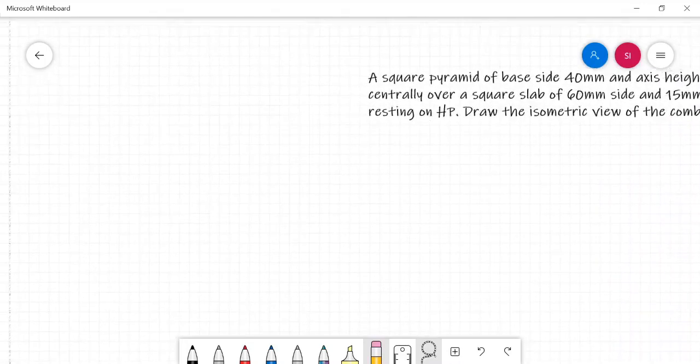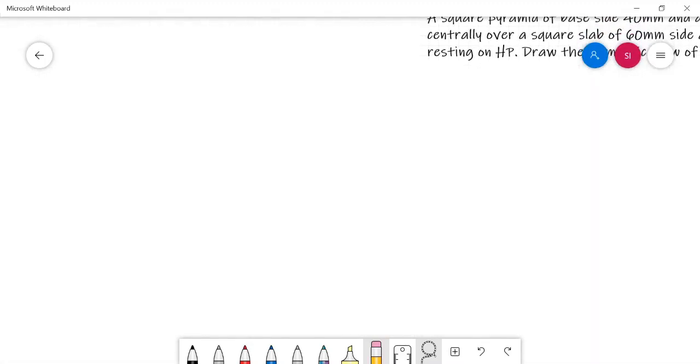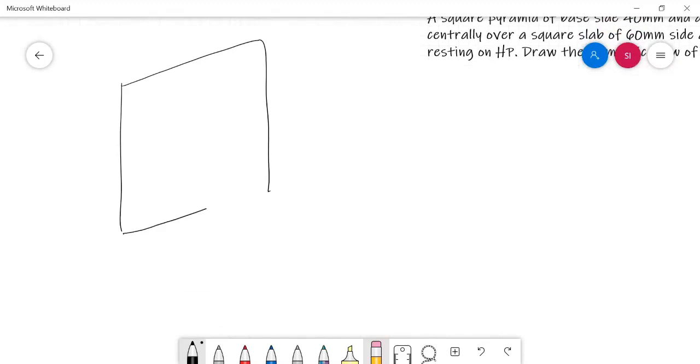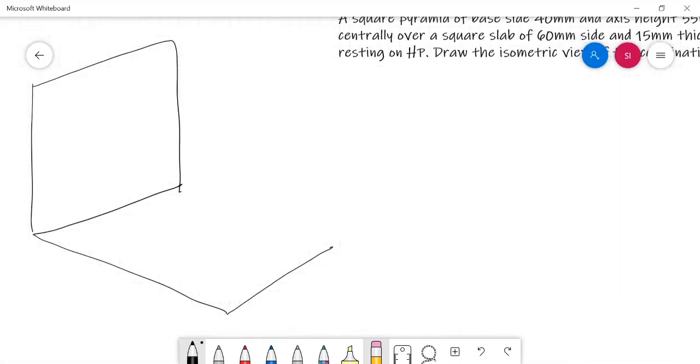Before going to solve the problem, let's have a rough look over the environment. So here, like the previous problems, we are going to draw two solids in combination, and the bottom solid is a square slab and the top solid is a square pyramid.